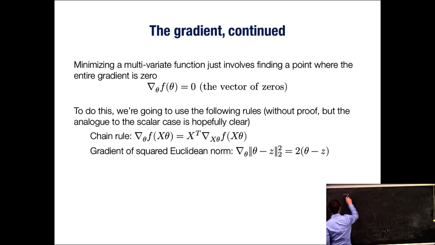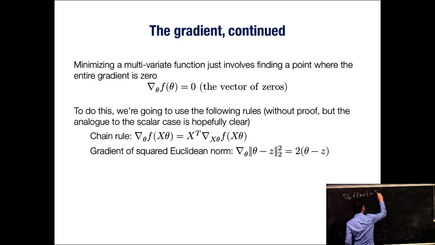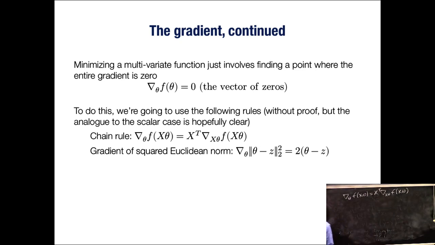But I'm going to use the following thing. I have some function f of x theta, and the gradient with respect to theta is equal to x transpose times the gradient with respect to x theta. In other words, whatever the argument of the function is. And this is just an analog of the chain rule for single variable calculus, right?